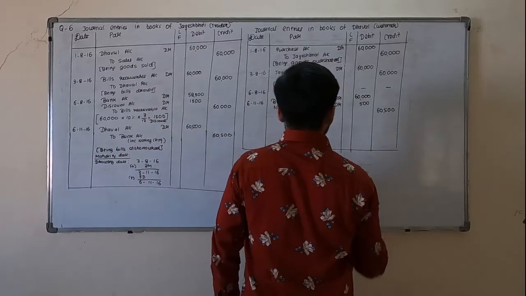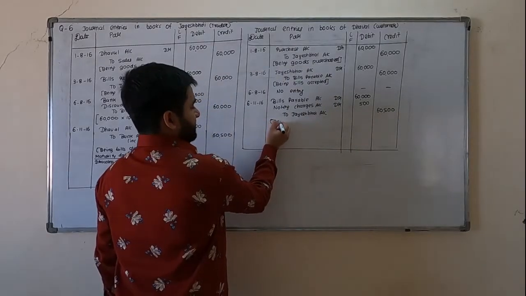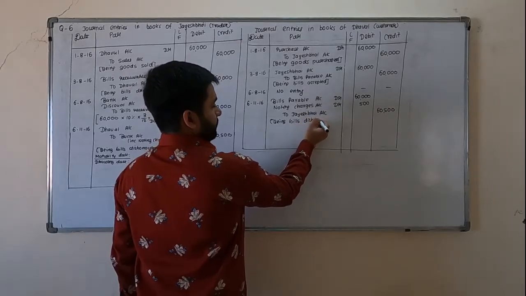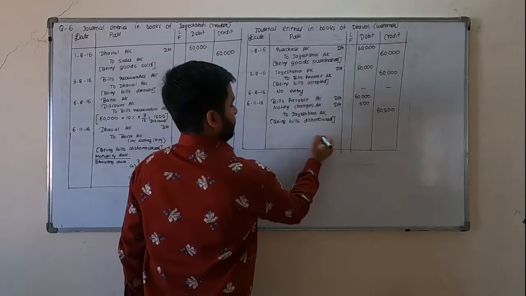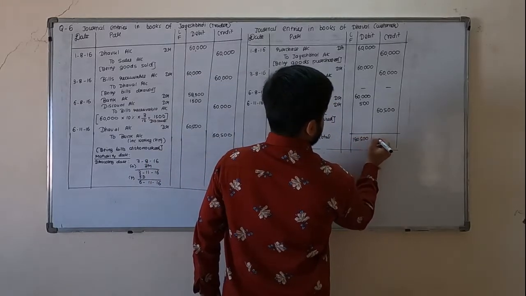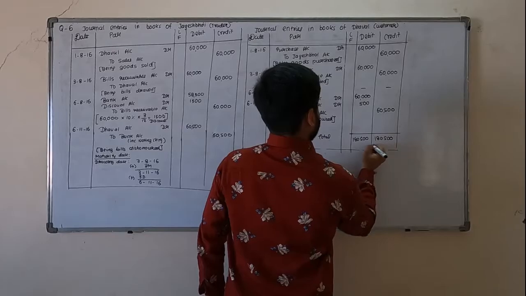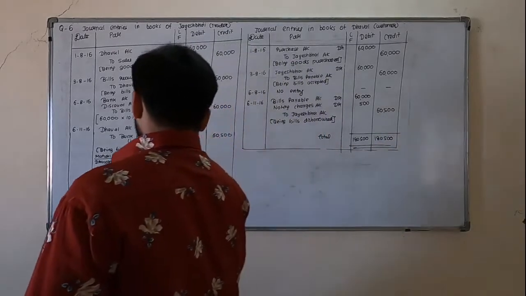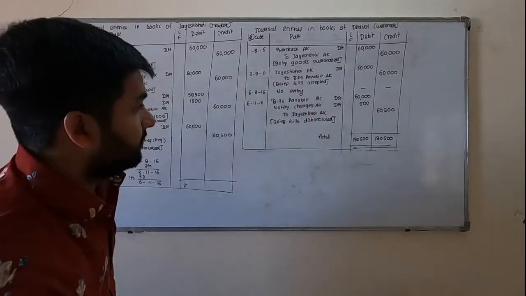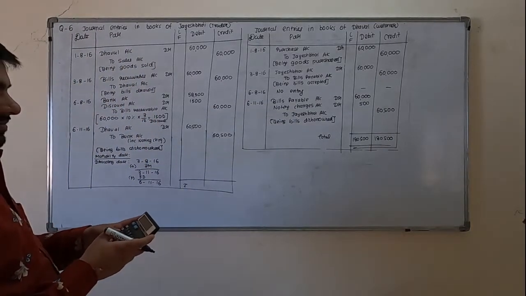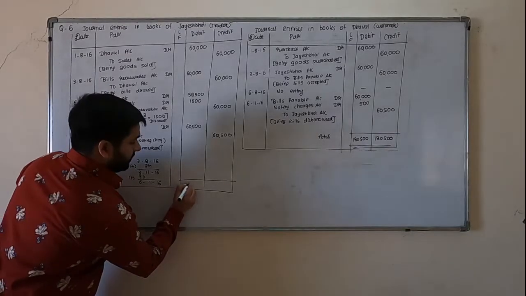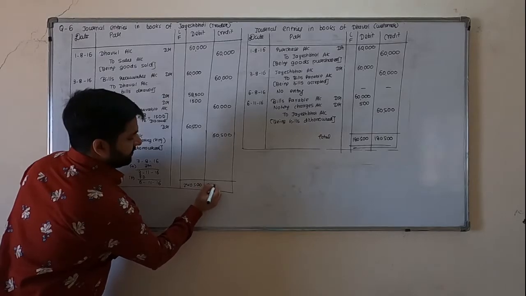Total 60,500 on Jayesh Bhai, being bills dishonored. Total here it will be 1,80,500. And here the total will be different: 60,000, 60,000, 60,000 and 60,500. 2,40,500 will be the total.